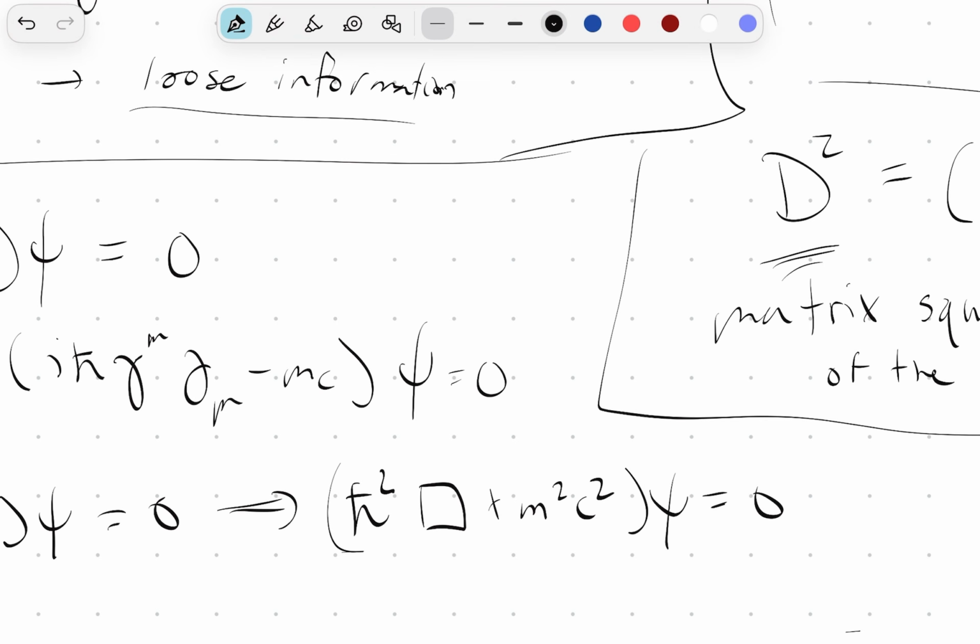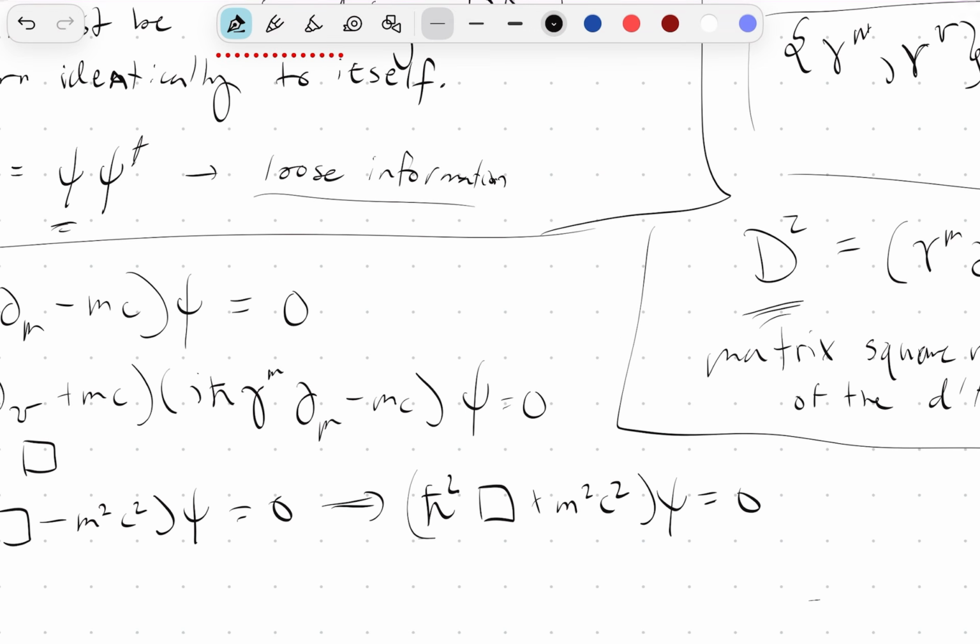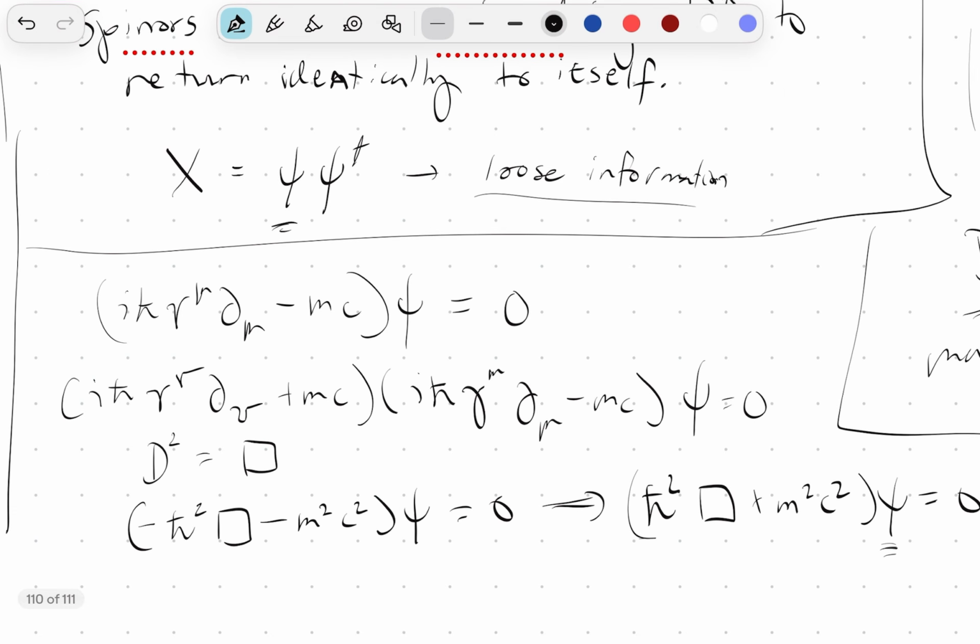Where you put the sign depends on your metric convention, but in any case, every component of the spinor will satisfy the Klein-Gordon equation.